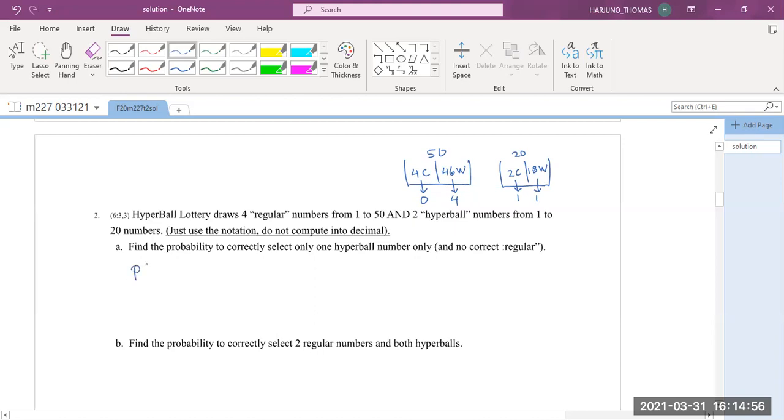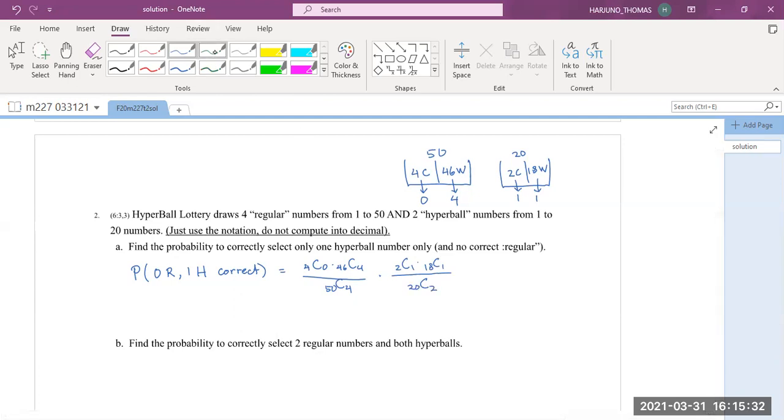The probability of 0 regular and 1 hyper correct will be 4 choose 0 times 46 choose 4 over 50 choose 4, times 2 choose 1 times 18 choose 1 over 20 choose 2.